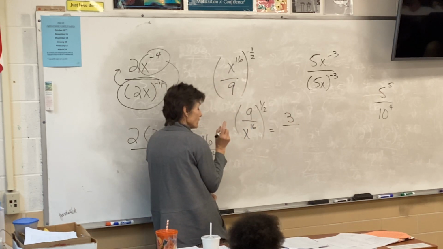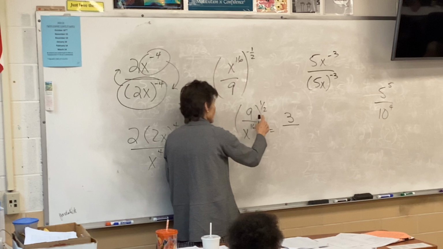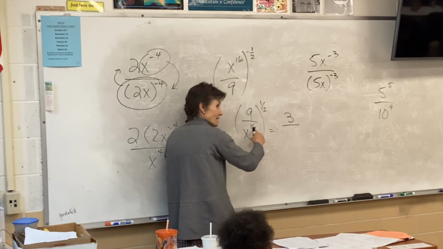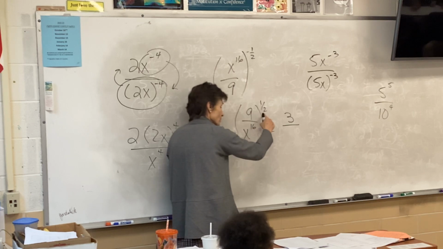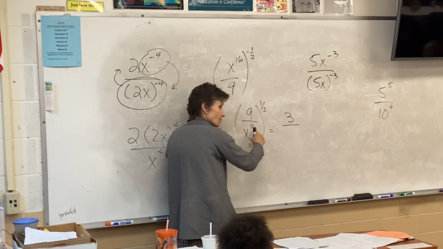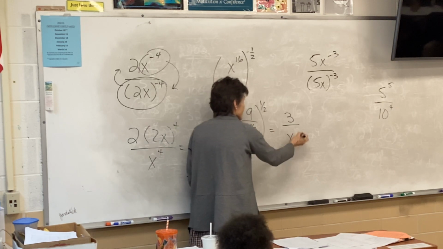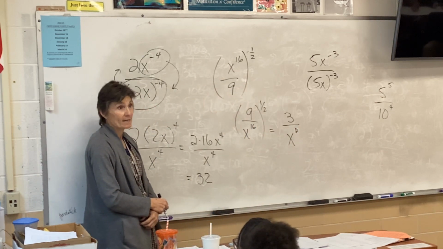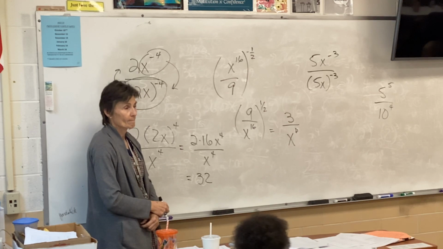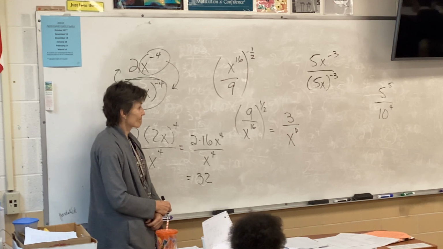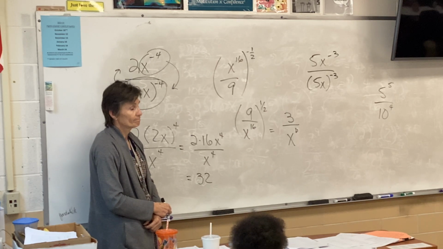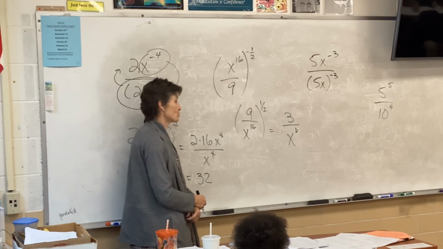And then be careful here. We don't square root 16. This is a double exponent. What do I do with those exponents? Multiply. So this is x to the 8th. If you square x to the 8th, you get x to the 16th. Never square root an exponent. Cut it in half. Don't square root.